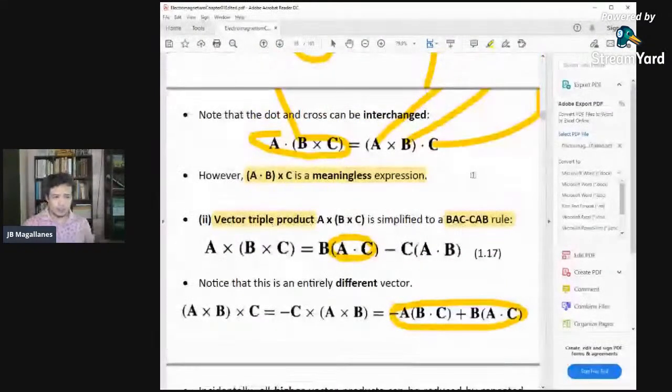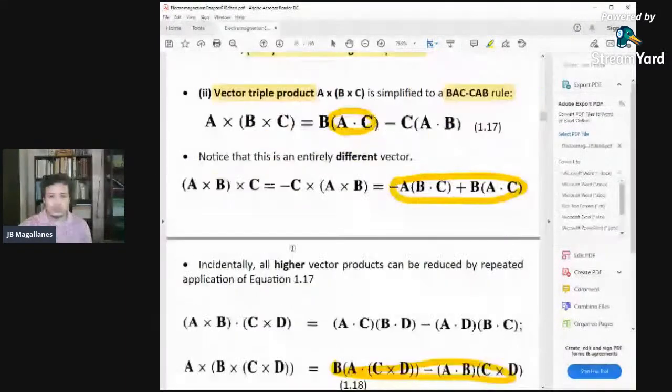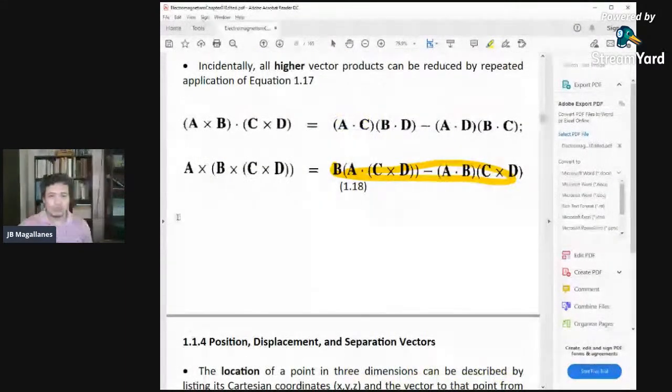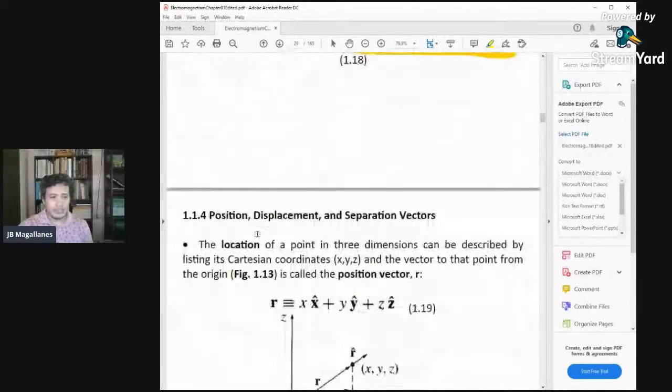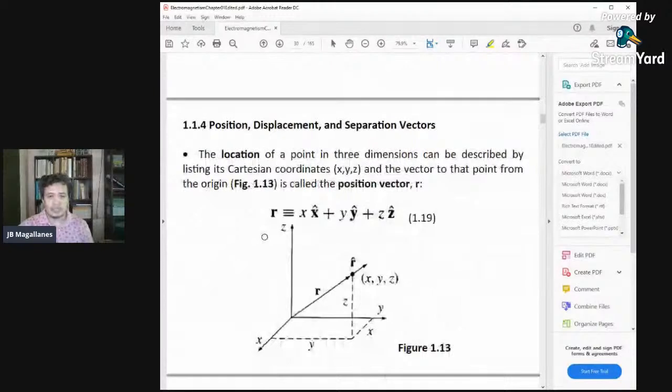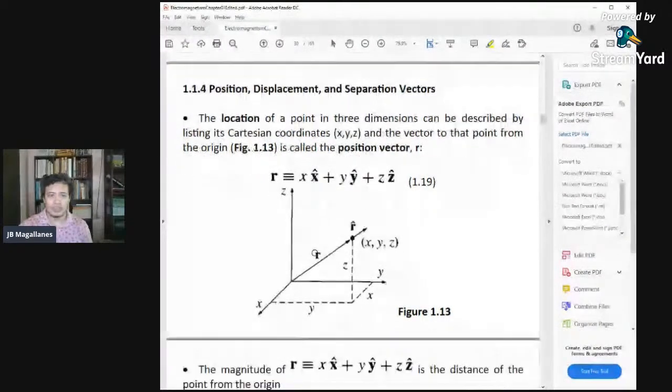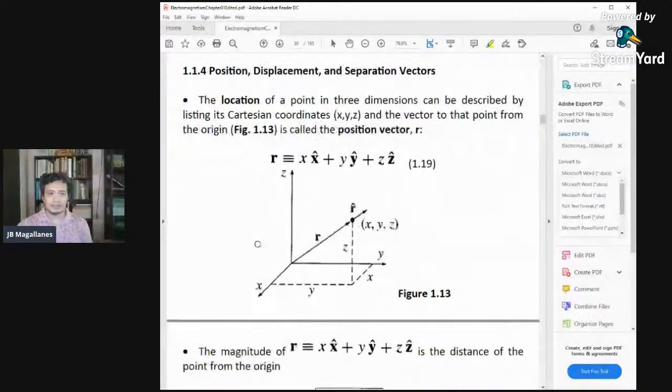I'm not going to prove these identities here, but you can prove them yourself by writing all the vectors in component form. Then everything would be easy to prove. We don't intend to prove all of these identities here, but you can do it yourself with the examples also shown in this lecture.